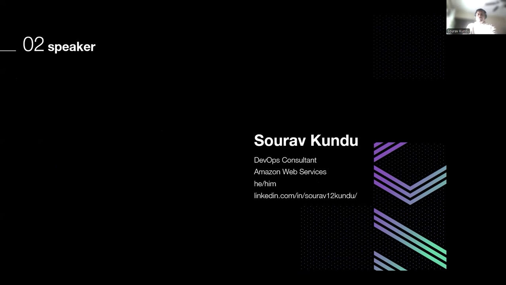And while we are at it, my name is Saurav Kundu. I am a DevOps consultant here at AWS. In my role, along with provisioning AWS cloud resources, I must also ensure that cloud cost and security vulnerabilities are never compromised. And hence, it is important for me to identify mechanisms to control the cost and not overspend.